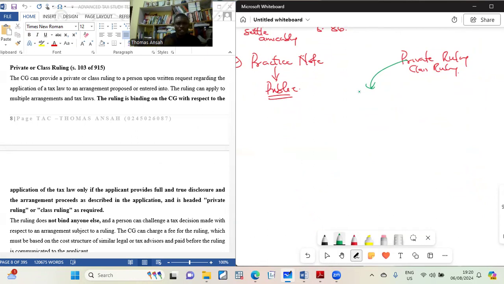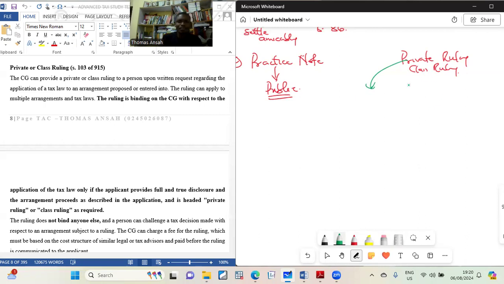So that one is between him and the Commissioner General. So when it is about one person going to the Commissioner General to seek his position on the provision of a tax law, it is a private ruling.